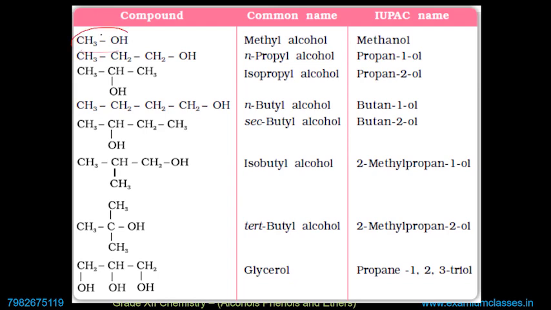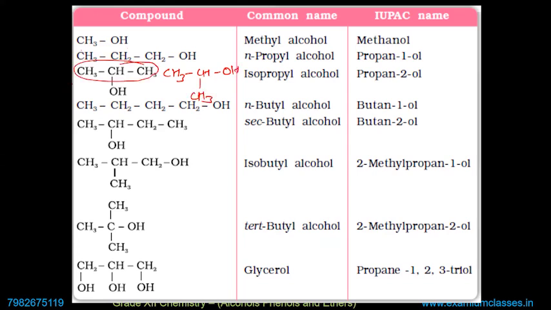Methyl alcohol, because in methane, hydrogen is replaced by OH. So methyl group, alcohol. Propyl group, alcohol. And because there is no branching, n-propyl alcohol. This one is isopropyl alcohol. Why? Because you can rearrange it and write it as CH3, CHOH, CH3.